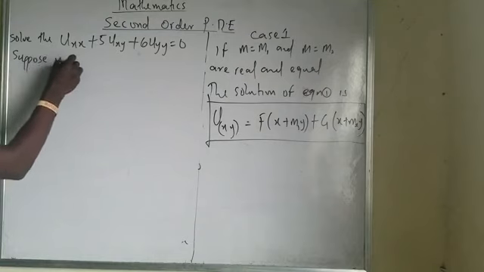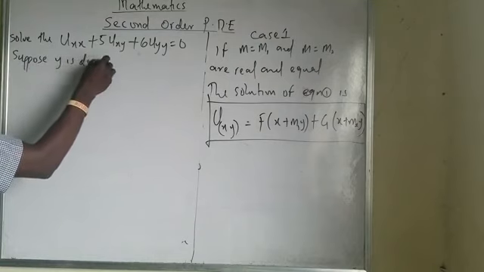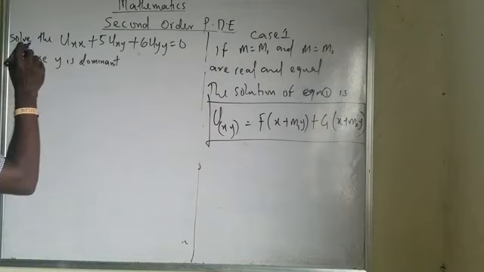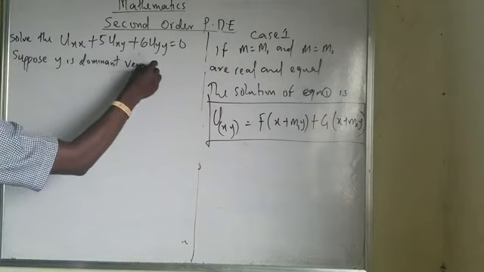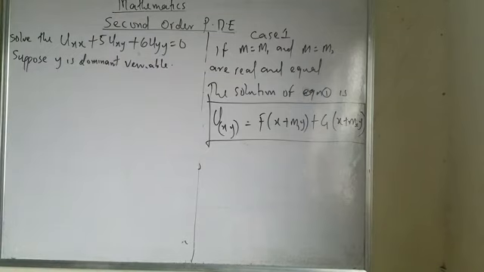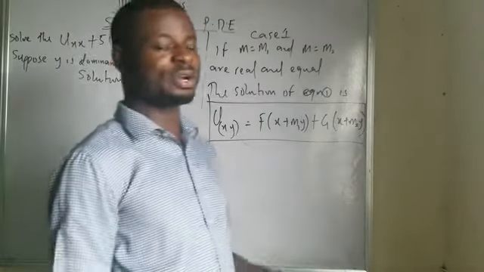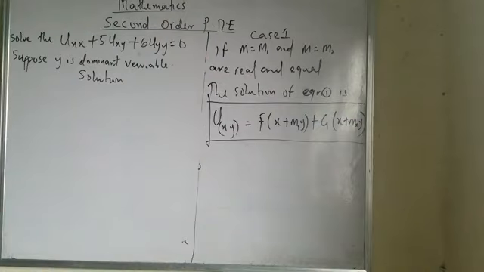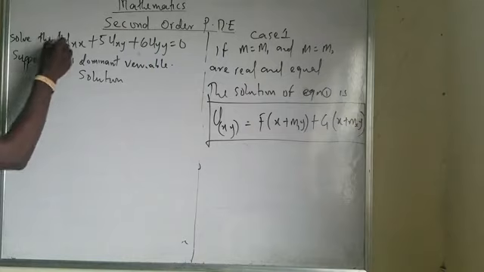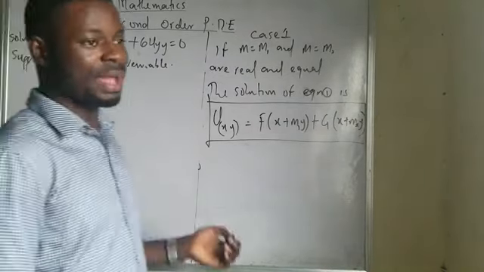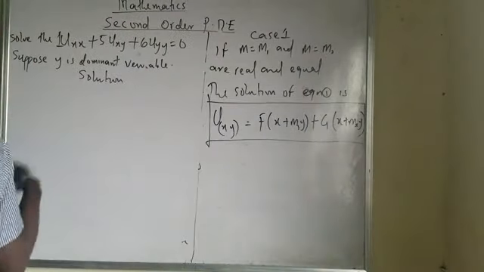Suppose y is the dominant variable. Now, I've told you what a dominant variable is, which you need to understand very well. Since y is dominant, we have 1, 5 and 6 as coefficients, which means they are constants.